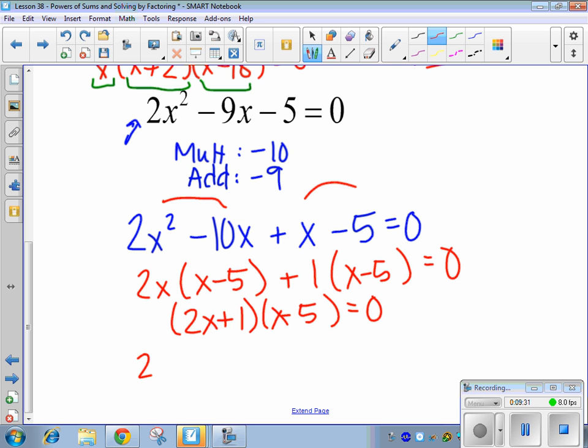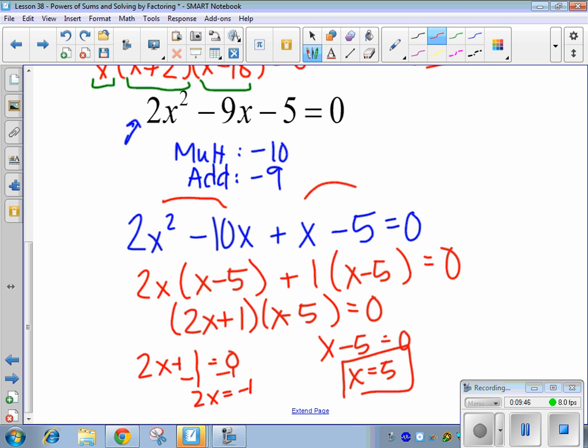Set both pieces equal to 0. This one gives me x equals 5. And this one I'd subtract over 1. 2x equals negative 1, so then x equals negative 1 half. All right, that one just had some tricky factoring.